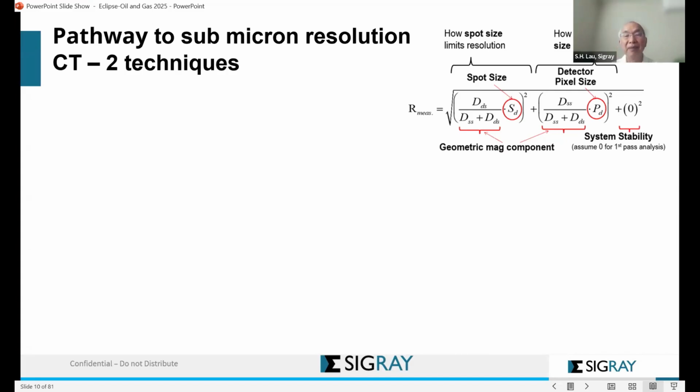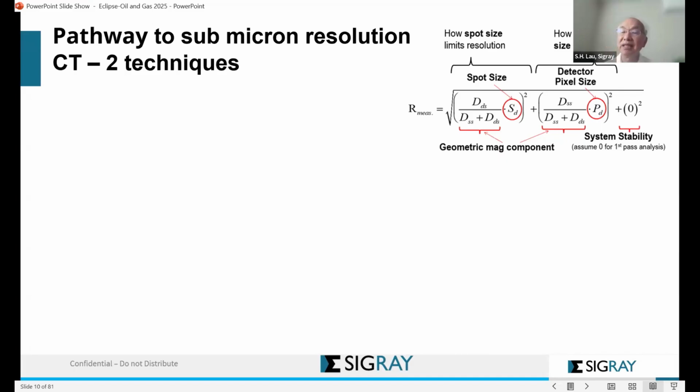So what are the techniques that you can create in your X-ray microscope or the micro CT in order to achieve submicron? If you take a look at this particular formula, you see that the spatial resolution is a function of the spot size of your X-ray tube, and then the geometric magnification, and also the detector pixel size.